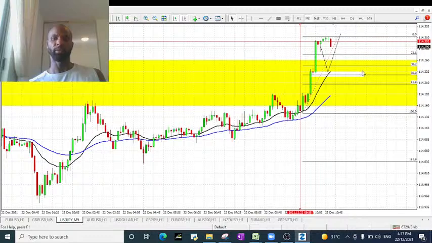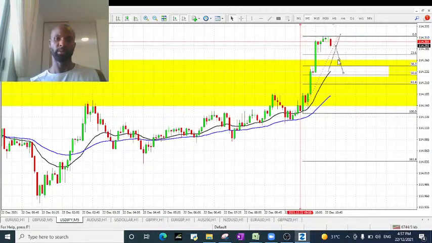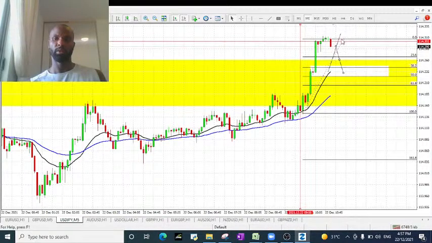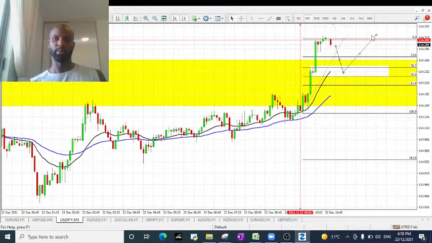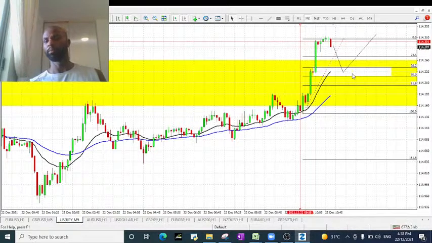So ideally, we want price to come back to this zone. Now we take the trade. Come back to this zone here, we take the trade up here. That's what we are hunting now. This is our Q zone.